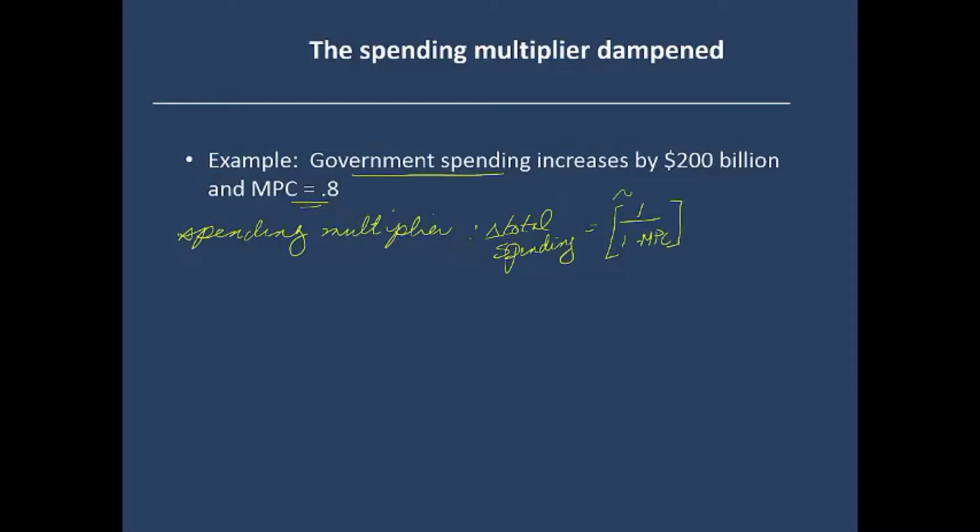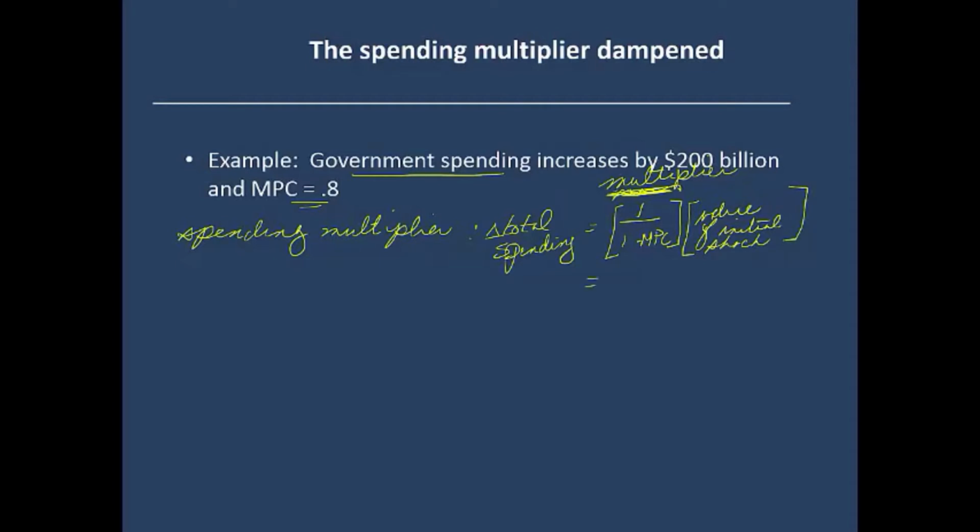And remember, we call this expression right here our multiplier. It tells us how much that initial shock is going to be multiplied, and the value of our initial shock. And remember, this is the value that the initial shock has on spending, which in this case is $200 billion.